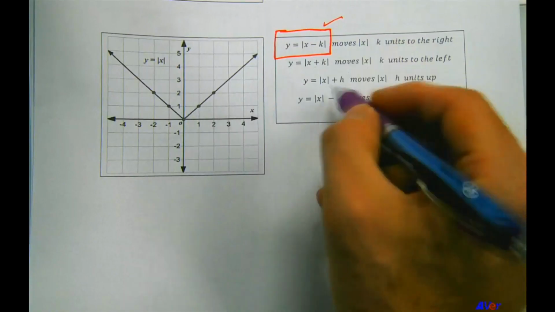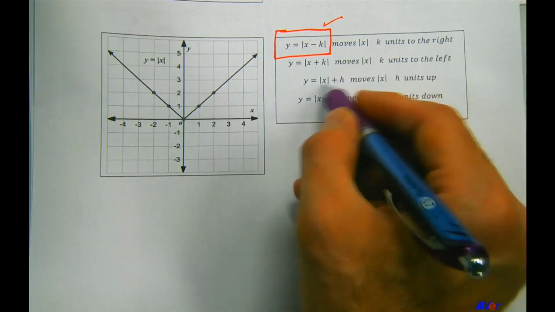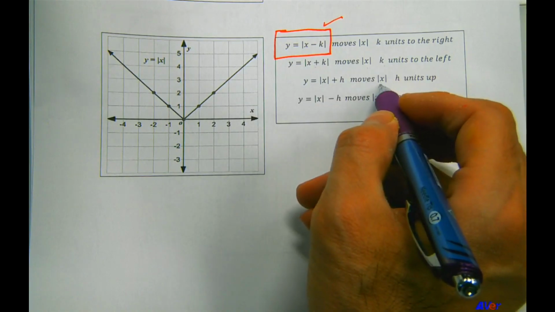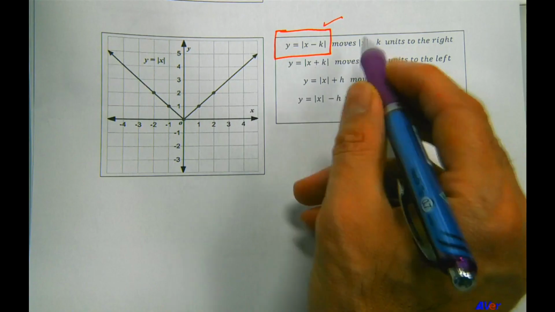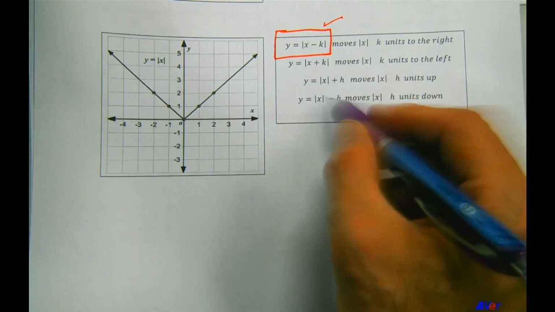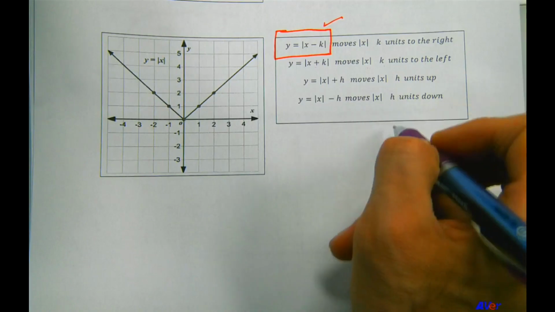Here, absolute value of x plus h, with the h on the outside of the absolute value, means that the absolute value function is moved h units up, and if it's minus h, it means the absolute value function is moved h units down.